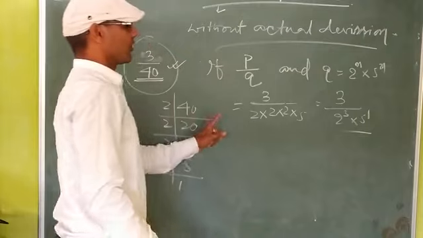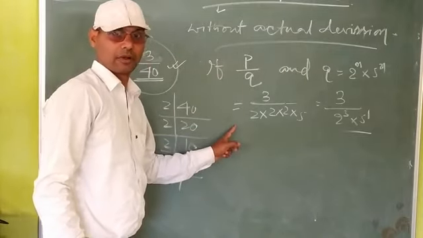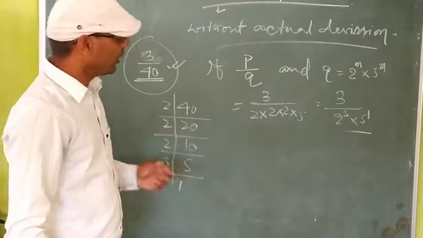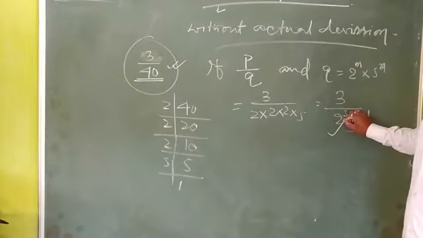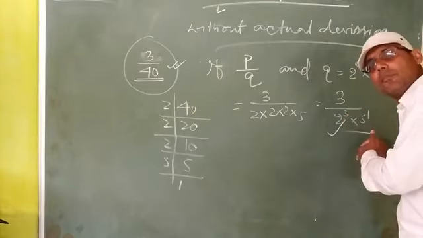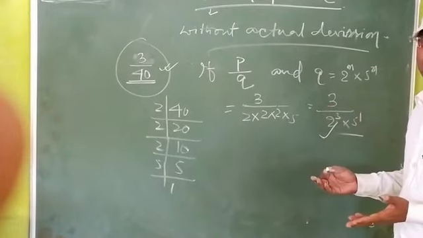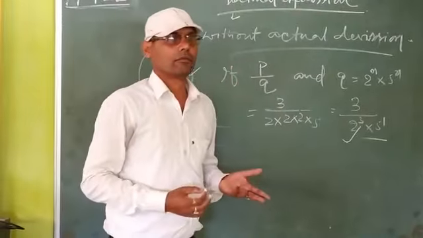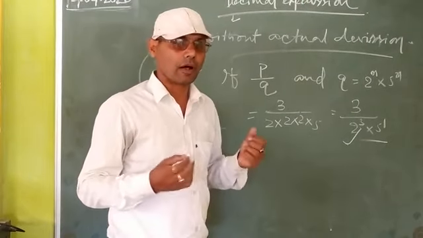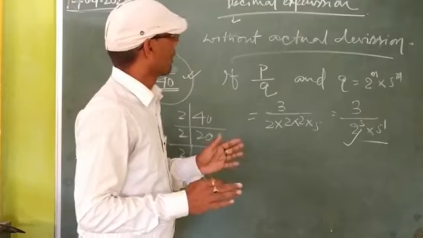It means its decimal expansion is terminating. Otherwise, if only 2 comes, or 5 comes, or both, it will be terminating. If any prime number other than 2 or 5 comes, then it will not be terminating. Okay?